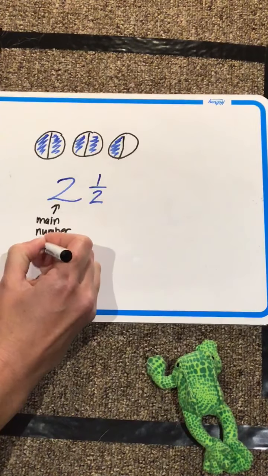So now we just have to put the 1/2 into a decimal. If you remember from previous lessons, if we're talking about half of a 10 stick, half of our 10 stick is going to be 5/10.